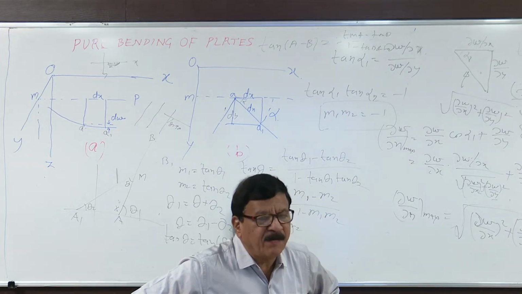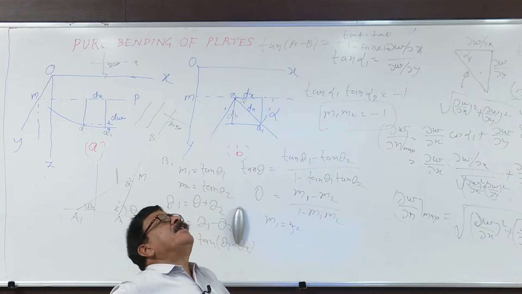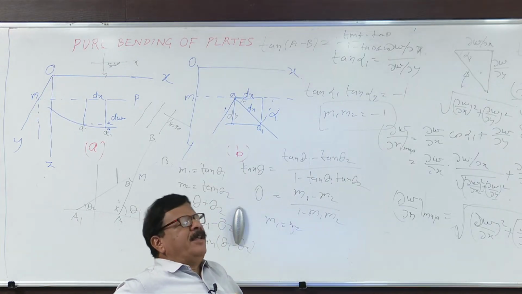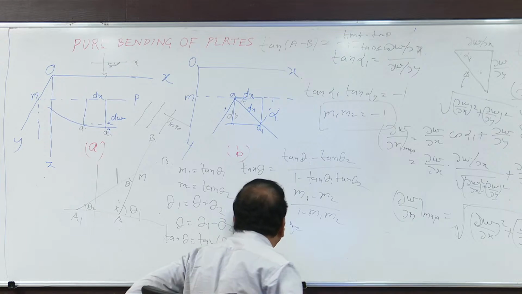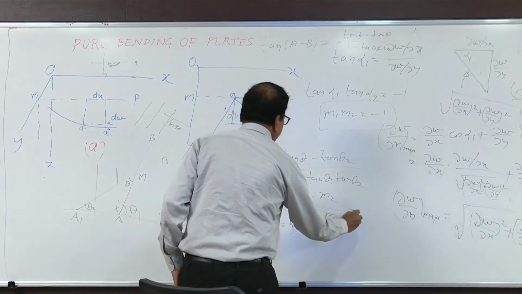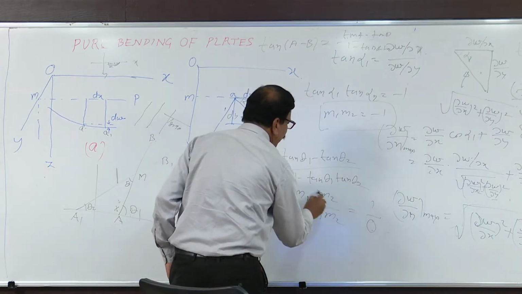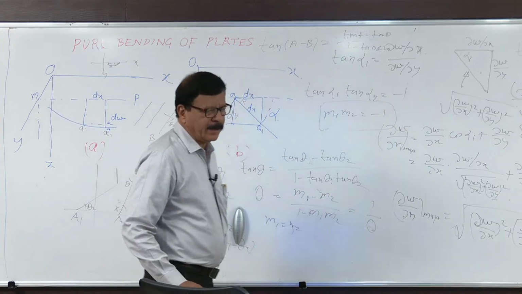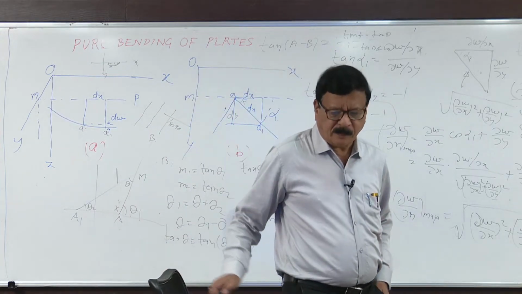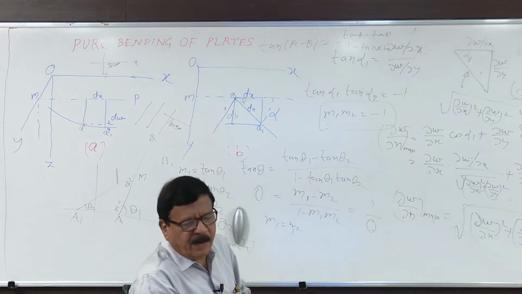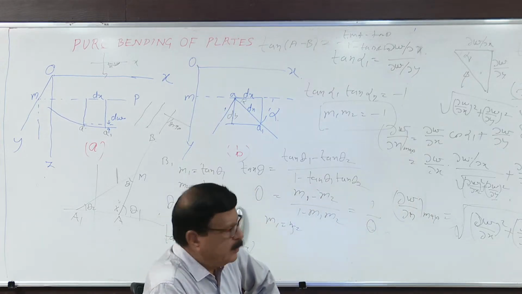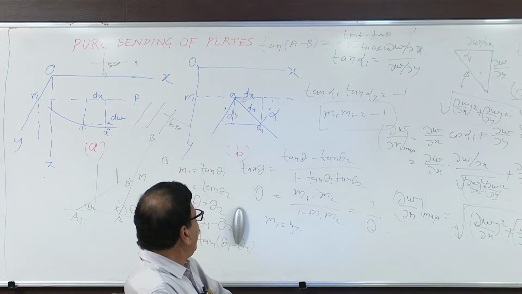Tan 90, not 1. Tan 90 is infinity. Sorry, sir. Infinity, yes, infinity means 1 by 0. This is equal to 1 by 0. So you cross multiply. What will you get? M1 equals to 1 by M2, inversely. M1 M2 is equal to minus 1. Yes, sir.